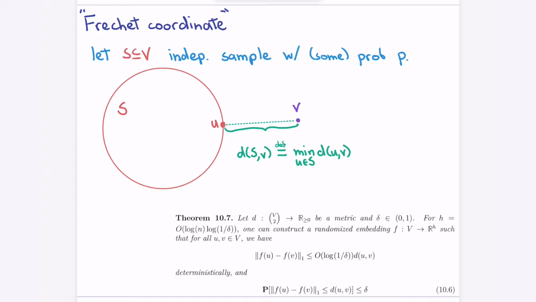Then for every vertex, you ask how far it is from the random set S. Everyone in S is at distance 0, and everyone else could be a little further. Then we do that for various sizes of random sets. Otherwise it's very simple: random set, measure distance from the random set. This is called a Frechet embedding, a Frechet coordinate.